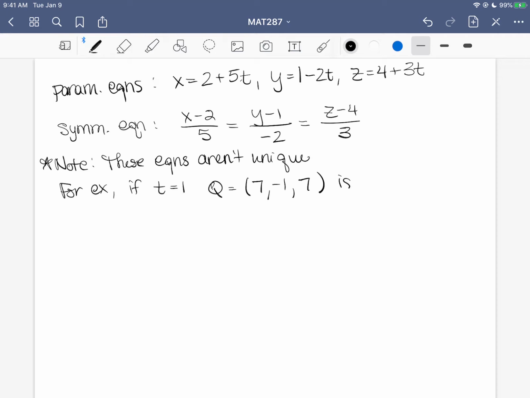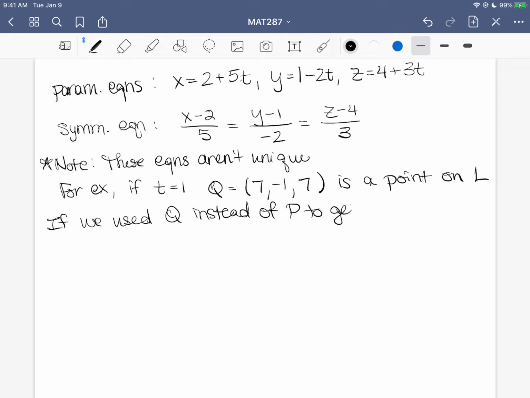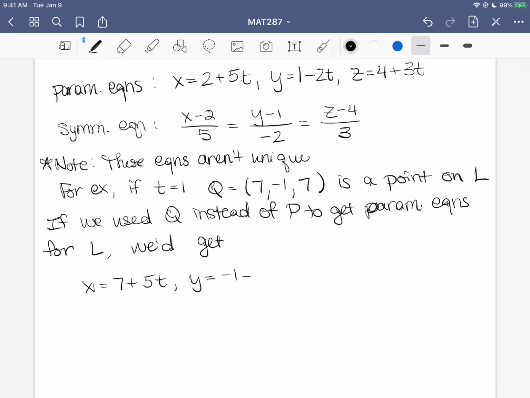And this is a point on the line L. And if I used Q instead of P to get parametric equations for the line, we'd get x equals 7 plus 5t, y equals -1 minus 2t, and z equals 7 plus 3t.